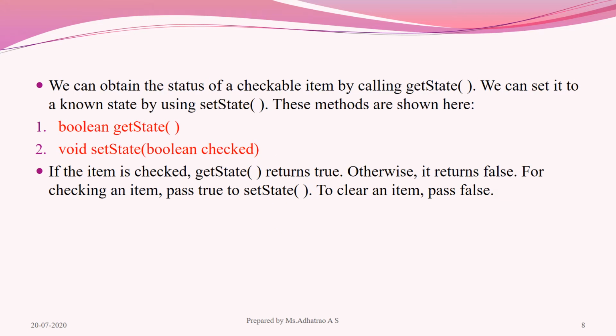We can obtain the status of a checkable item by calling getState. We can set it to a known state by using the setState method. So boolean getState returns the state of your checkable item, and void setState(boolean checked) allows us to set the status for that checkable item.